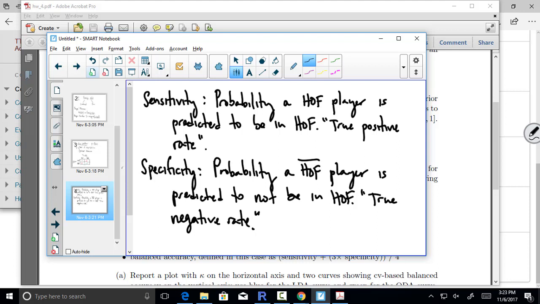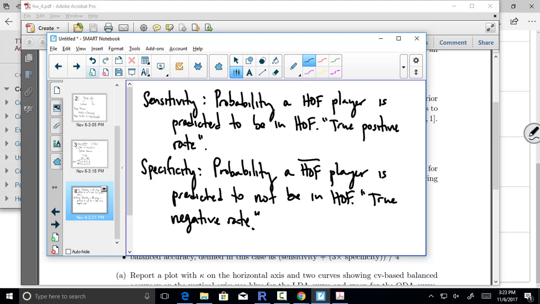For example, in the Hall of Fame case, I could have perfect sensitivity if I predict that every player is in the Hall of Fame. If I say yes to every player, then I have 100% sensitivity, because for all the players who are in the Hall of Fame, I predicted them to be in the Hall of Fame.